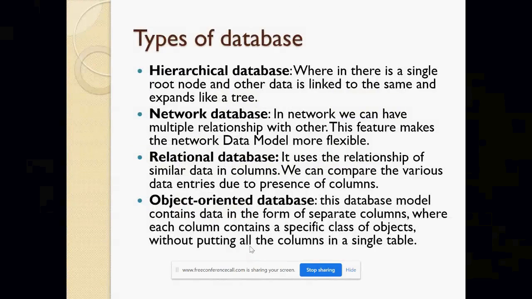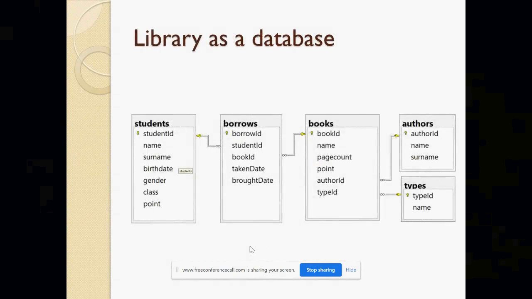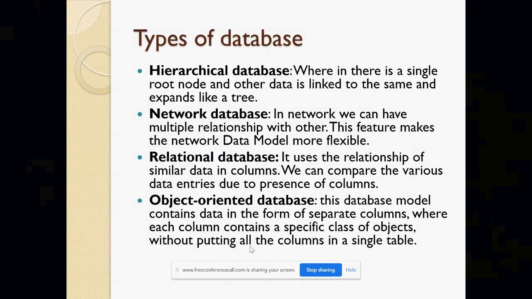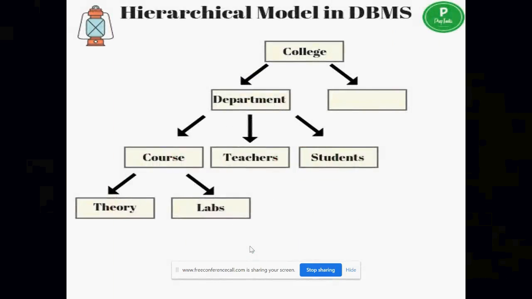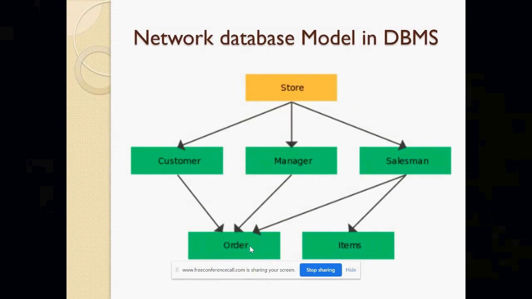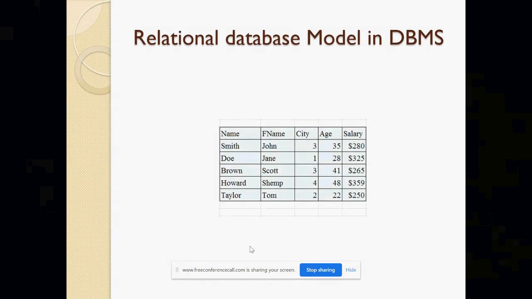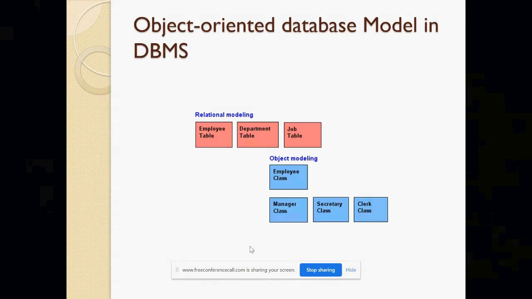So we saw the types of database. Now we saw through figures, we understood the hierarchical model in database management system, the network database model in database management system, the relational database model in database management system, and we saw object-oriented database model in database management system.